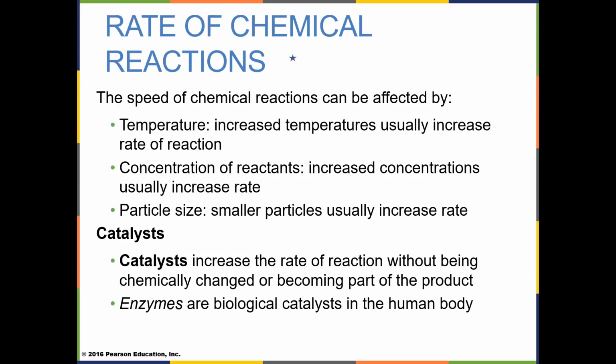And we have very little control on the rate of chemical reactions in our bodies. Chemical reactions are affected by temperature. Things go faster at higher temperatures. If you're going to bake your cake in the oven, are you going to put it on 250 or 350, which is going to get done faster?